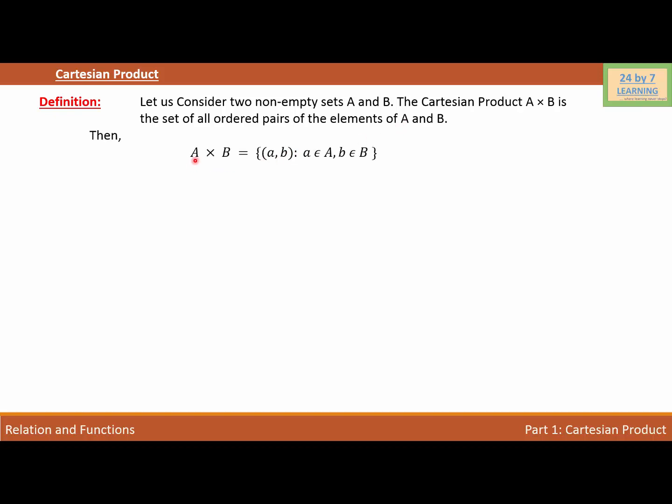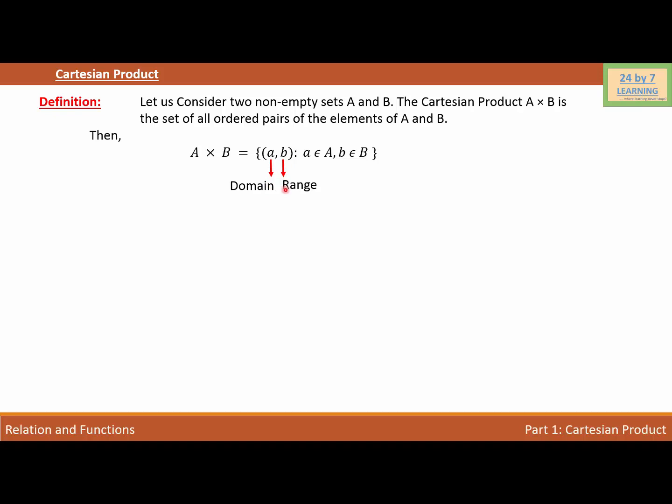So I will write A Cartesian product B is equal to, inside the bracket, ordered pair (a, b) such that a belongs to set A and b belongs to set B, where a is our first element, which is known as the domain, and b is our second element, which is known as the range. So basically, if we do the Cartesian product of two sets, the first element will always be the domain and the second element will always be the range.